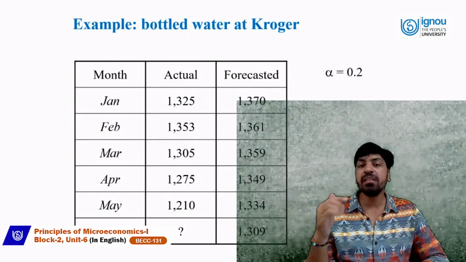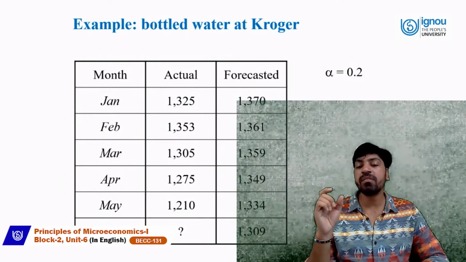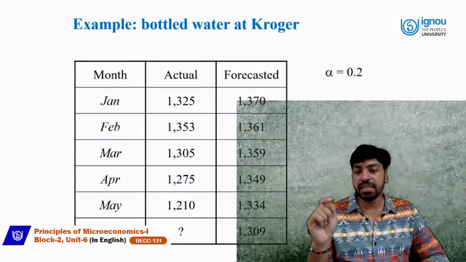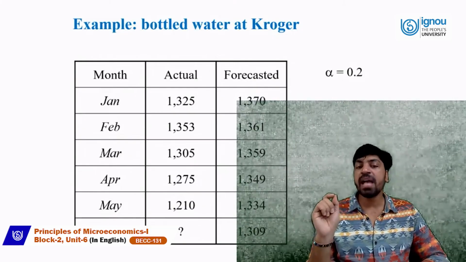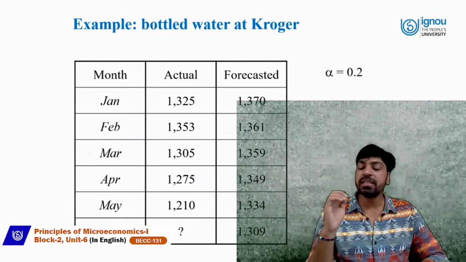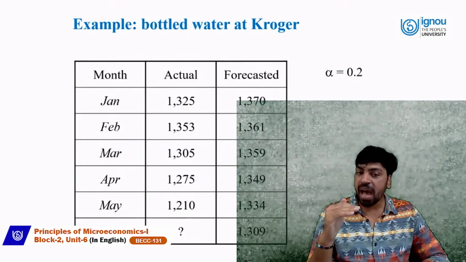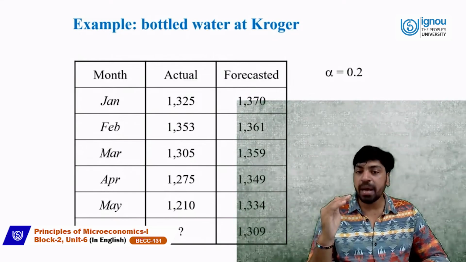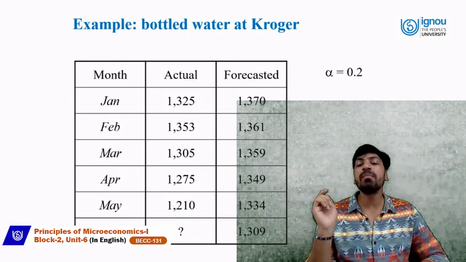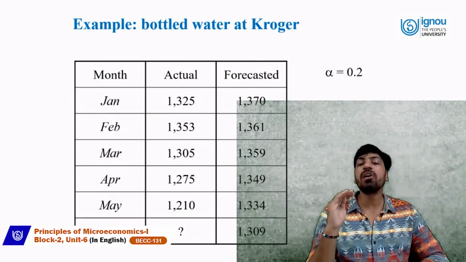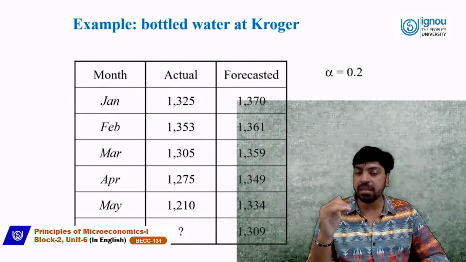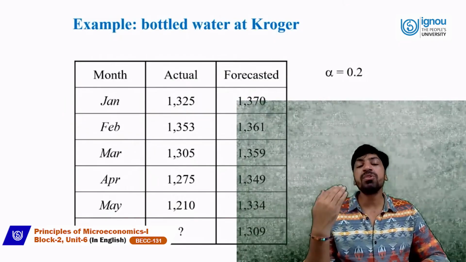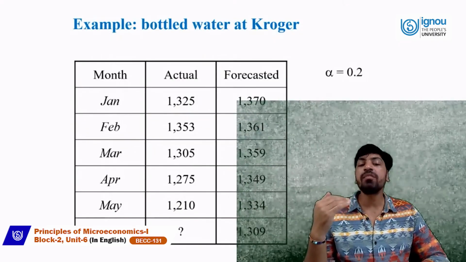The value you get is 7. Then just deduct the 7 from the forecasted value of April, that is 1349 minus 7. You will get the forecasted value of the May month, that is 1334.